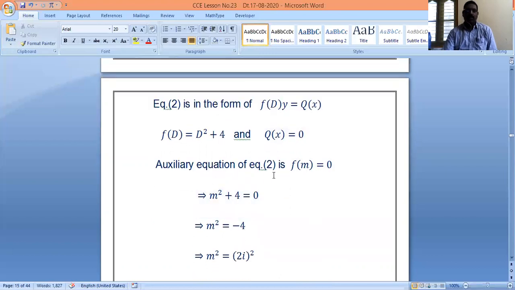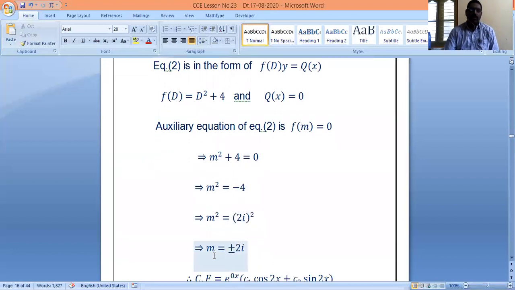The auxiliary equation of equation 2 is f of m is equal to 0. That implies m square plus 4 is equal to 0. That implies m square is equal to minus 4. We can write minus 4 as (2i) whole square.